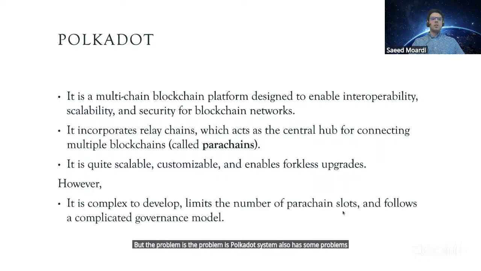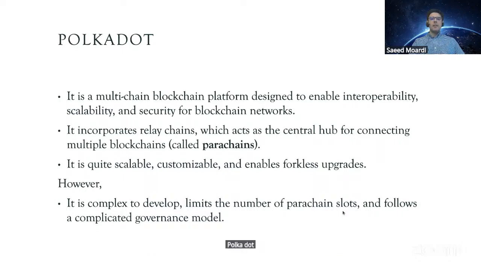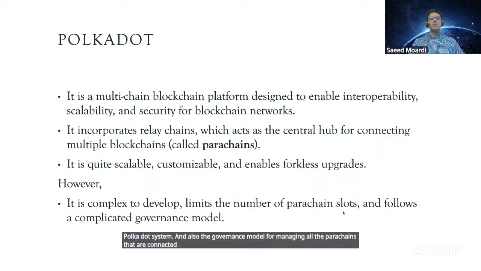The first, it is complex to develop, and it also limits the number of parachain slots. So you cannot add as many parachains as you want to the Polkadot system. And also the governance model for managing all the parachains that are connected to Polkadot is quite complicated.